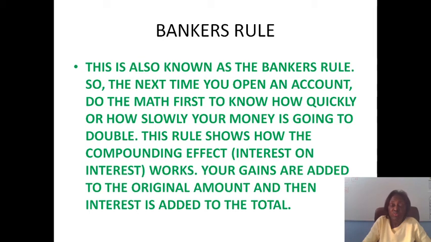And for you math wizards out there, if you're getting 0.25%, that's 4 times 72, which is about 288 years for your money to double.